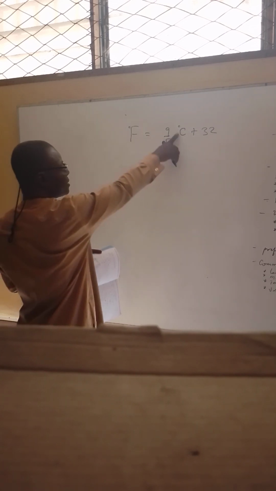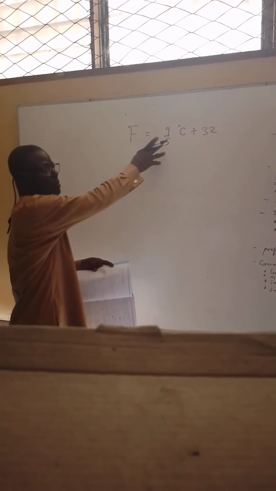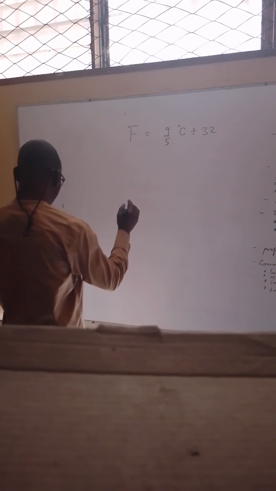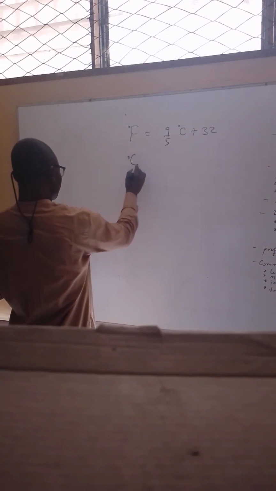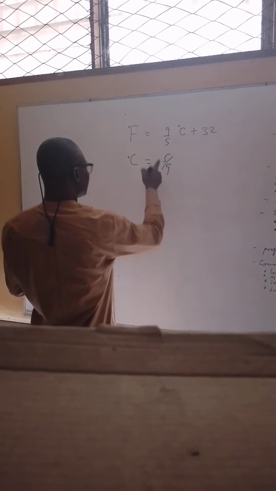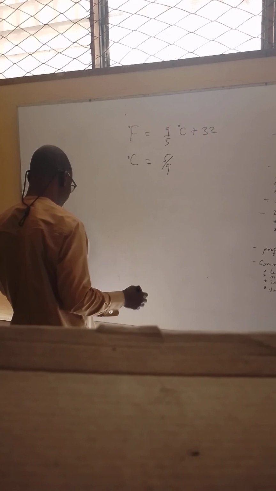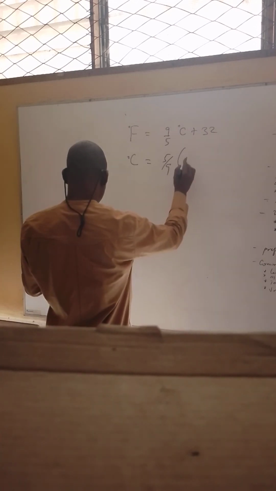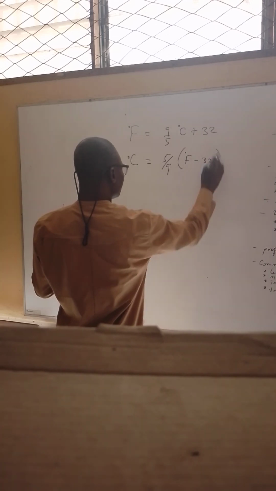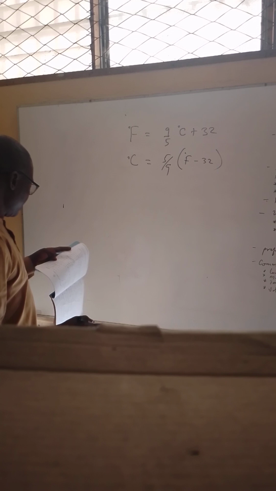This has been done in secondary school. And then the conversion for degrees Celsius is equal to 5 over 9. You see the fraction here is reversed, into F, that is degrees Fahrenheit minus 32. That is in degree Celsius.